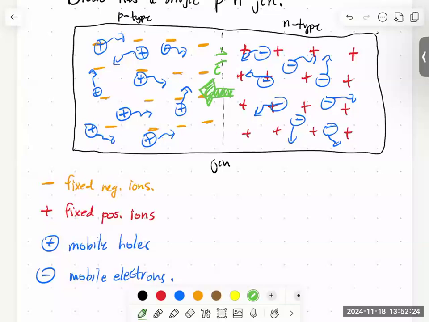If this hole comes over here, it gets pushed back into this region because the electric field forces that positive charge back. And if you want to cross this junction, you have to have enough energy to overcome that potential barrier. That potential barrier is the threshold voltage that we talked about when we were talking about diodes, 0.6, 0.7 volts, something like that. Okay, so that's sort of the essence of the diode.